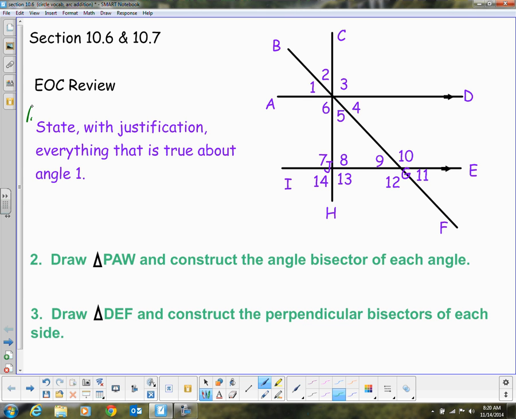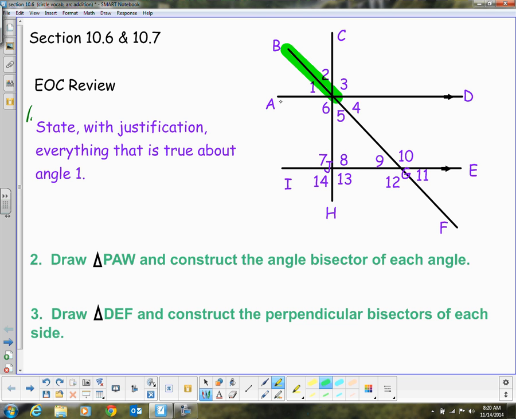What's corresponding to 1? Now remember, you have to form an F. What is corresponding to 1? It has to make the letter F. Here's angle 1, and now we're going to come down here to 7. I don't think that's an F. That is a bent F. We never had bent Fs before.